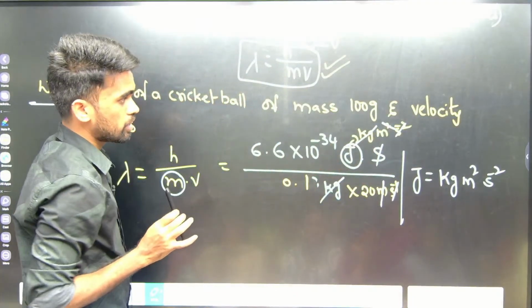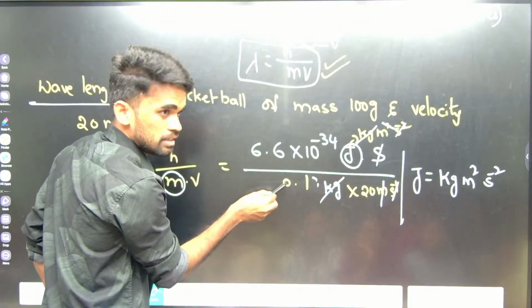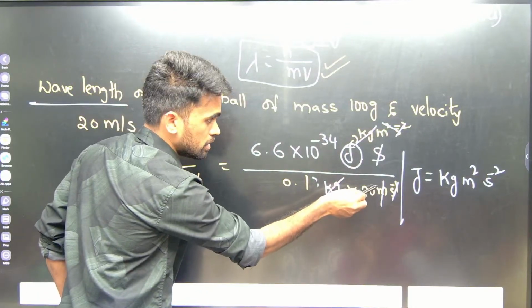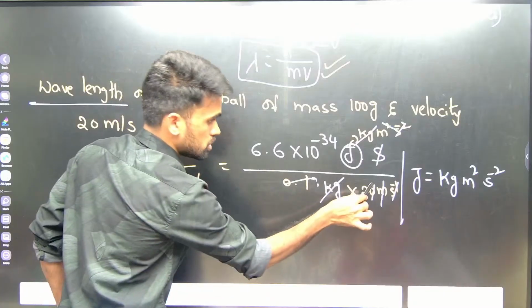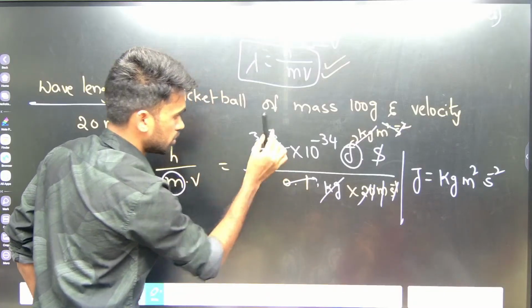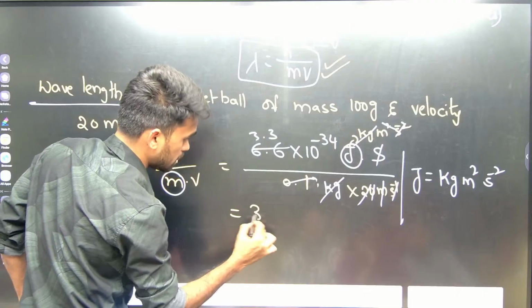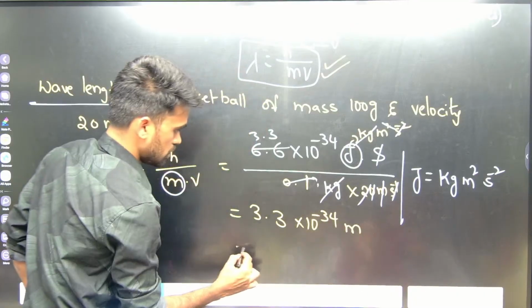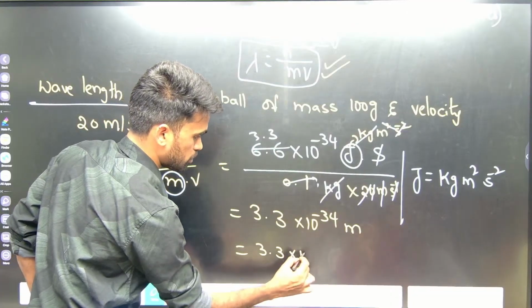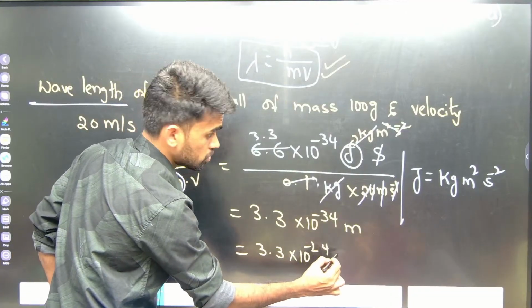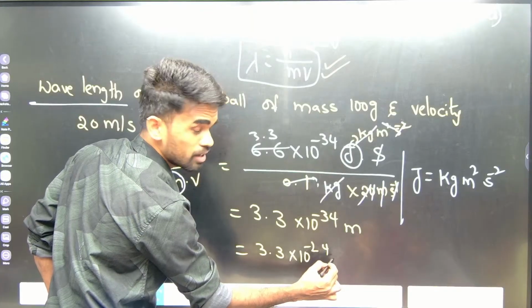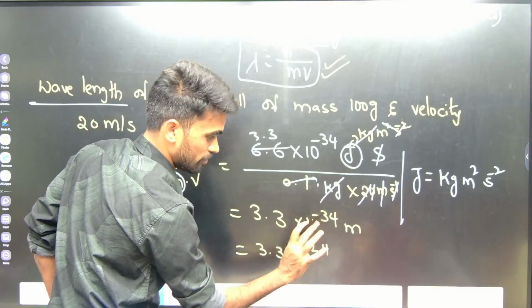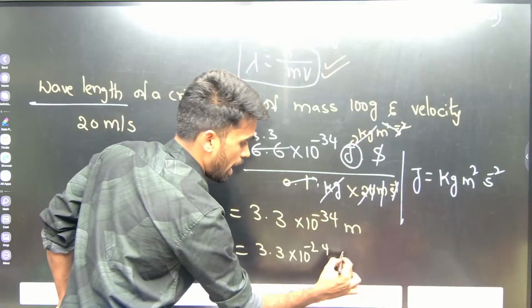Here 0.1 into 20 is 2, so this becomes 3.3. So finally we got 3.3 into 10 power minus 34 meters, which is 3.3 into 10 power minus 24 angstroms.